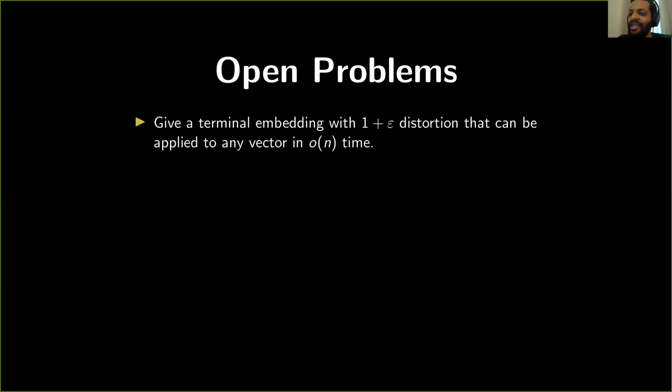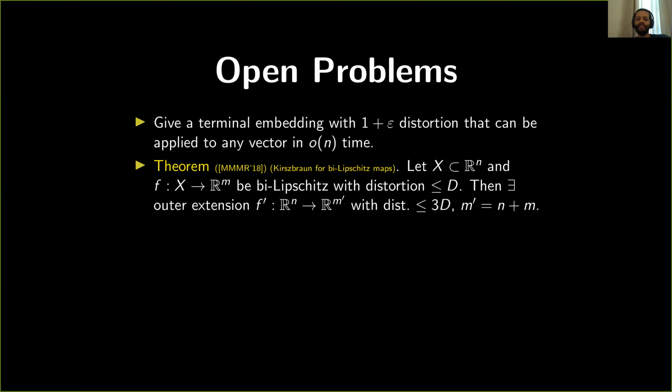That's circular. You're not going to get a speedup for nearest neighbor if step 1 is to compute the nearest neighbor. So can we get a sublinear time algorithm? And solving the SDP is even worse. That's some polynomial time algorithm, which is even superlinear. So can you actually get a terminal embedding that can be applied in sublinear time?